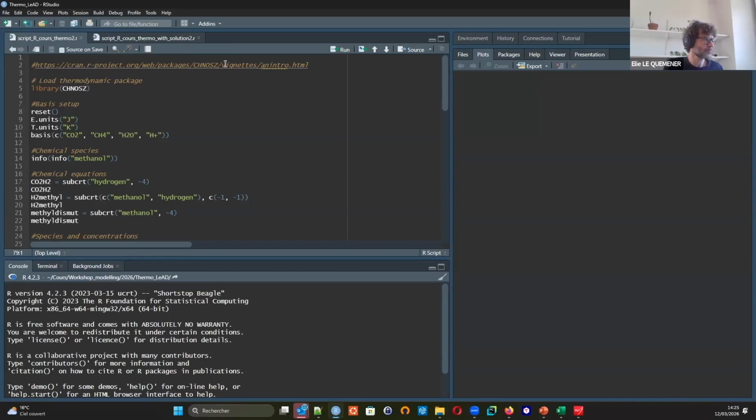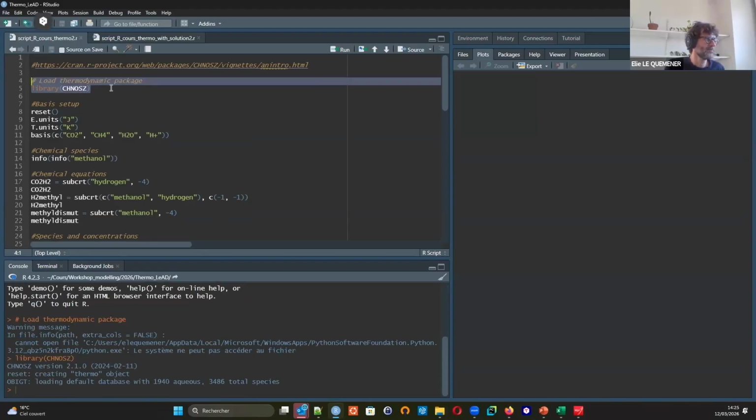So this is the RStudio system, and in R, I use a library called CHNOSZ. The advantage of using that is that you have everything to compute all the thermodynamic and thermochemistry quantities you want. They have up-to-date databases and they update the databases regularly.